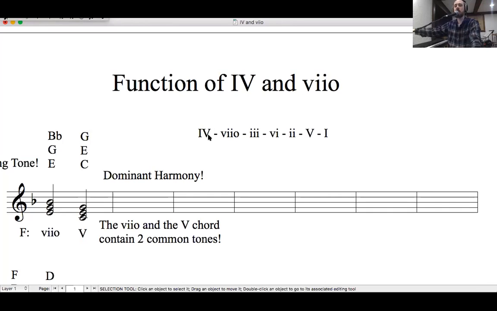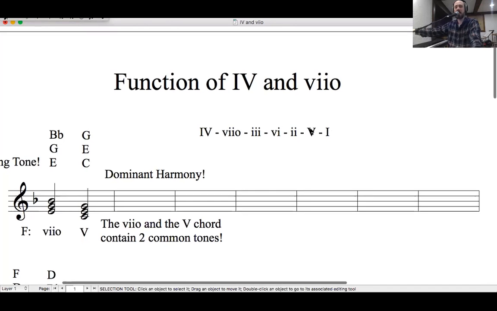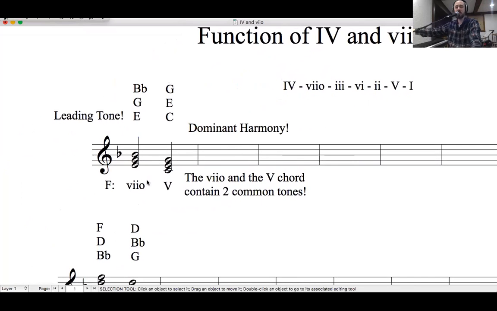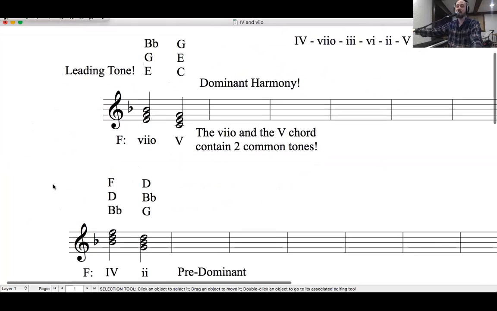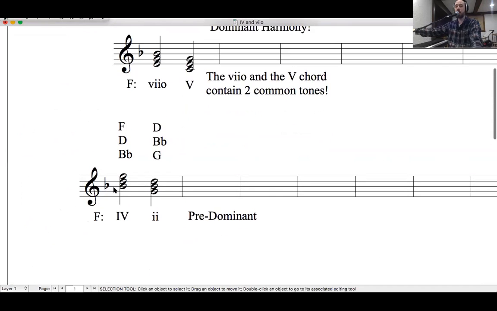And so when we go to connect them to function, we want to try to get them in a predominant and dominant area. And we found through common tones that 7 can easily be understood as a dominant chord because it has 2 common tones with 5, and 4 can easily be heard as a predominant chord because it has 2 common tones with 2.